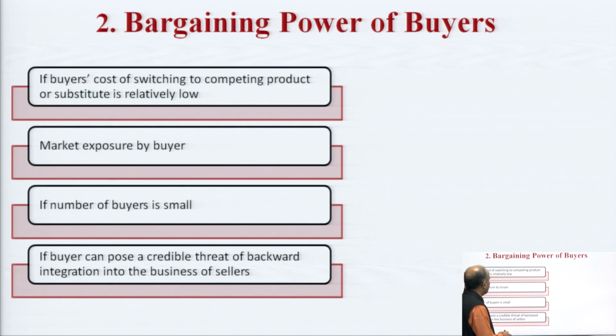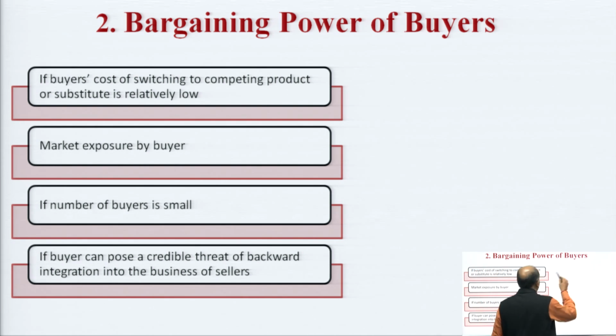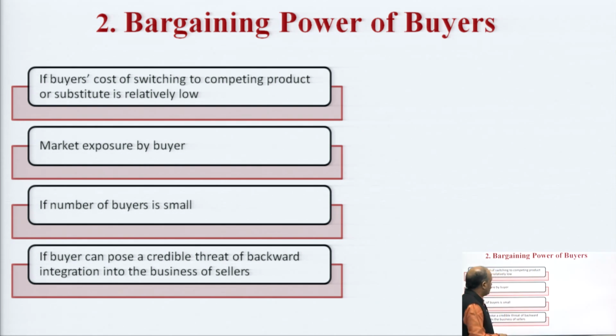Next is the bargaining power of buyers. Buyers are the end users who will ultimately consume the products. So what determines the bargaining power of buyers? If the buyers' cost of switching to the competing product or the substitute is relatively low, then bargaining power is high. Then there is market exposure by the buyers.